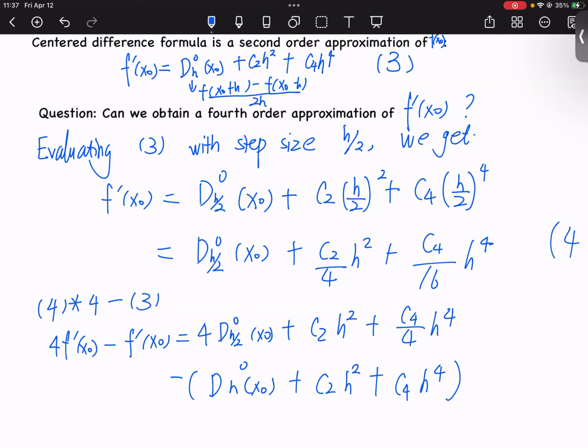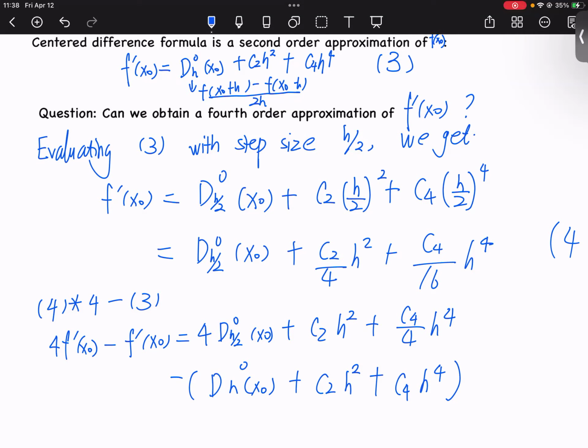On the left-hand side, you get the first derivative, but on the right-hand side, originally in the standard difference formula, the dominant error term is h squared. But here, by getting the intermediate step size formula and doing some operations, we are getting rid of the second order term.